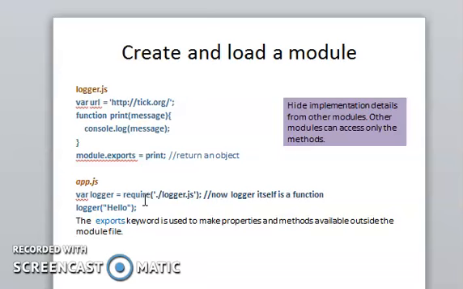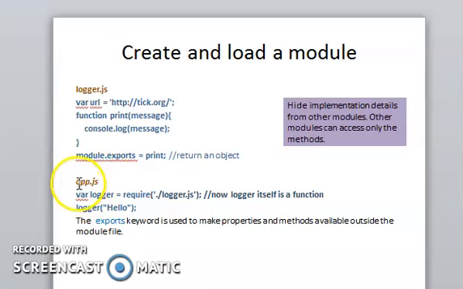That is, this sentence module.exports is exporting the properties and methods, and the property name is print. That means this print function, with its properties and methods, is exported to other applications, so this function can be available in other Node.js applications.